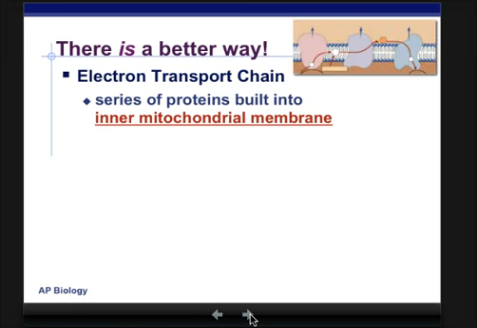All right, so this corresponds with the section in your book. The electron transport chain starts on page 170 and goes on to page 172, just so you're following along with your book. Okay, so this occurs along the cristae, those inner folds in the inner membrane.